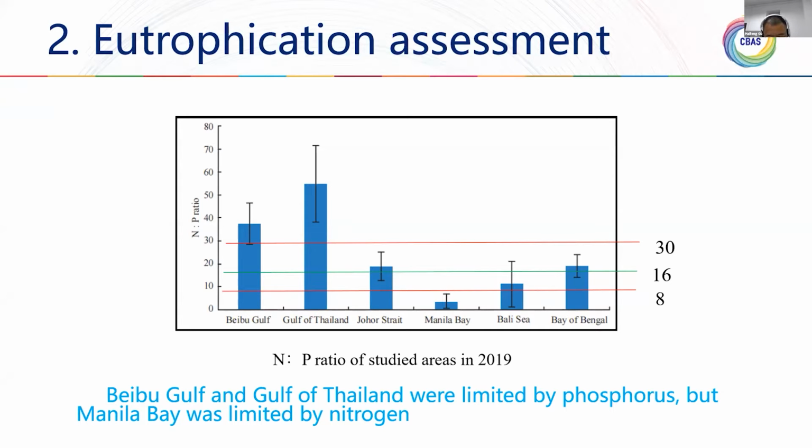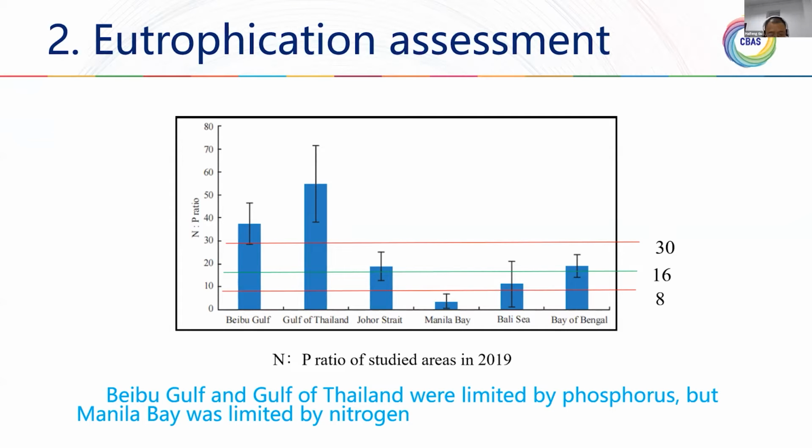The contribution of this relative excess of nutrients to eutrophication can be truly reflected only when the water body is supplemented with the appropriate amount of phosphorus or nitrogen, so that the ratio of nitrogen to phosphorus is close to 16.